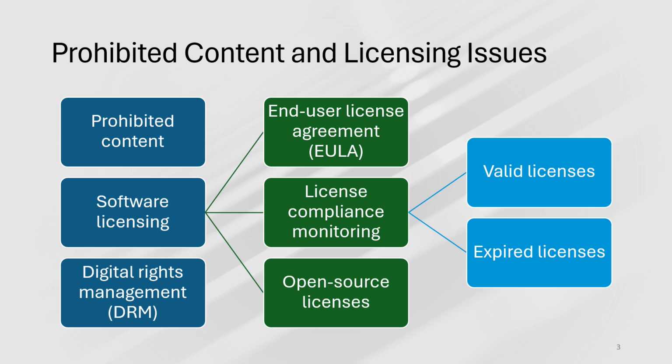And 3. Clear IT policies, educating employees about approved software and procedures. By effectively monitoring software and DRM compliance, organizations can minimize legal risks, ensure security, and maintain control over their IT infrastructure.